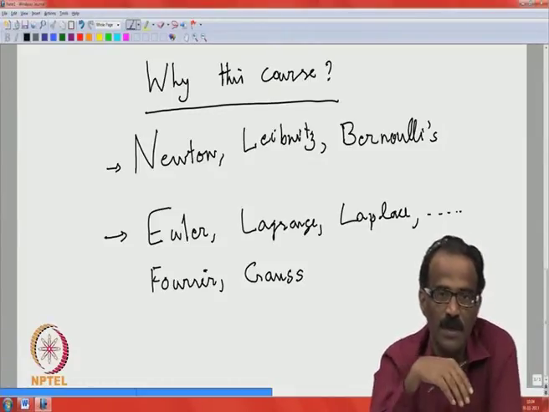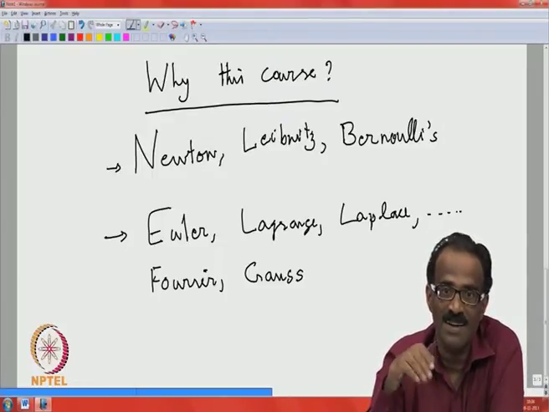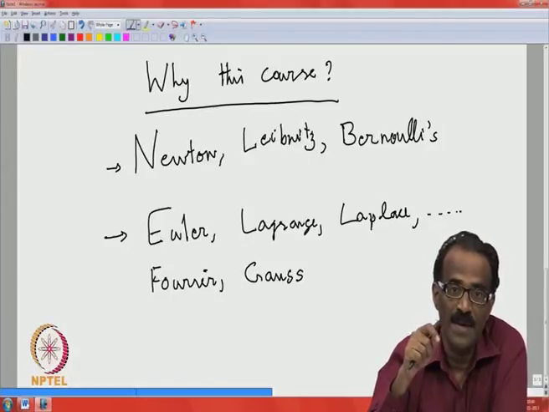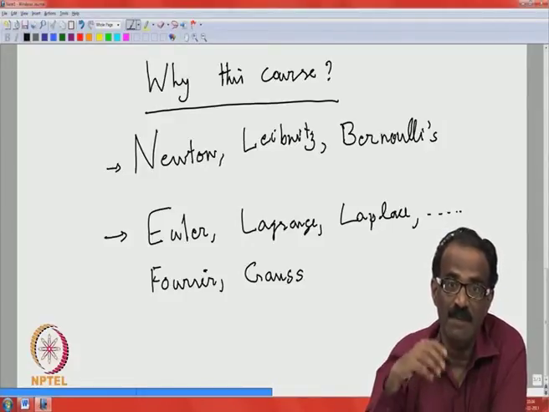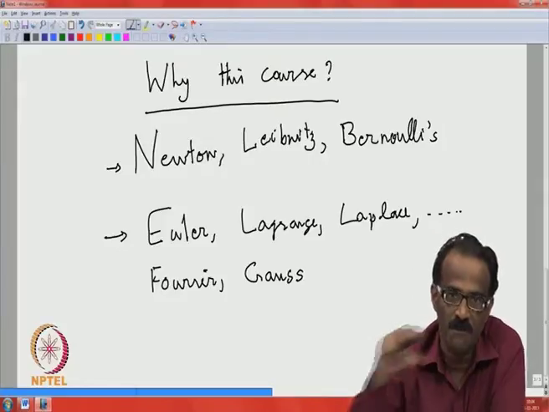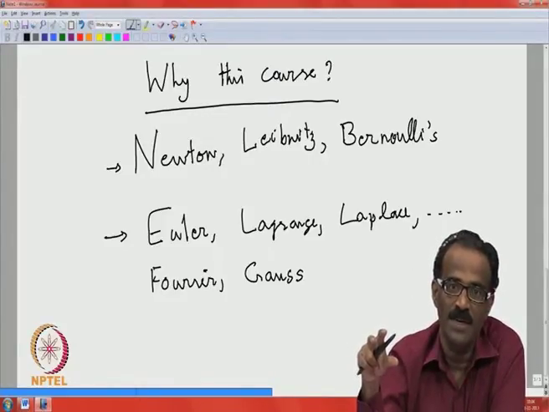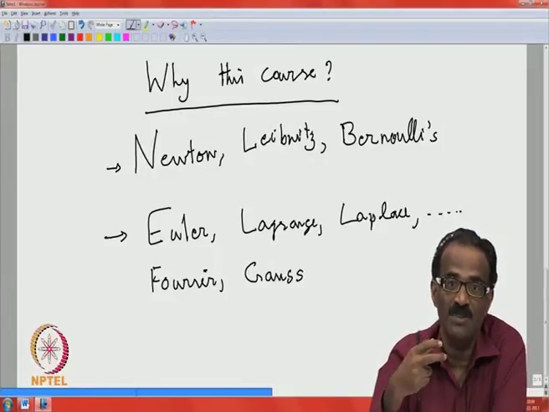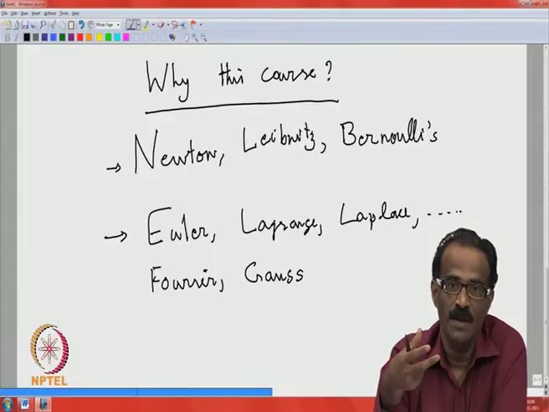But soon people like Euler and other mathematicians realized that making an attempt to solve differential equations is futile. The reason is that even though each differential equation represents a different physical phenomenon and they were trying to solve them separately, they wanted to develop a systematic theory for differential equations.